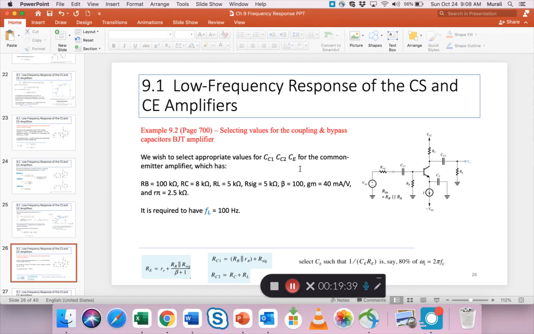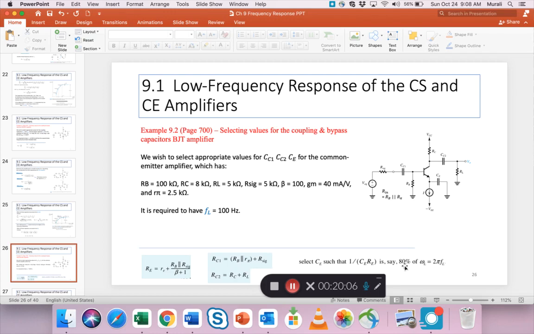So what he advises us to do in the textbook is to select the CE such that 1 by CE RE, and RE is this whole thing, is 80% of the frequency, the FL, which is the minus 3 dB frequency.